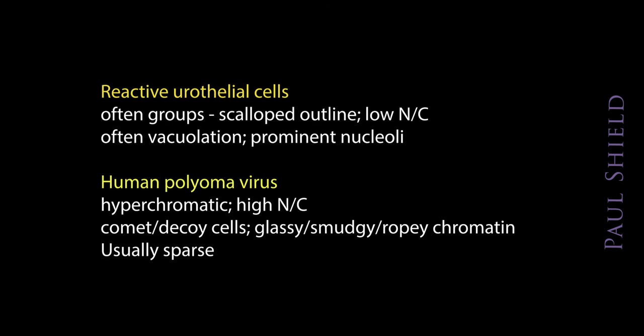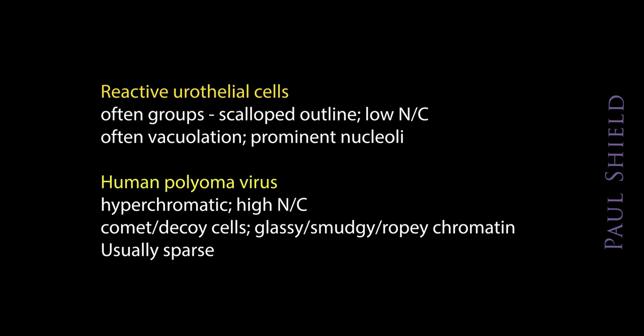In summary, reactive urothelial cells often present in groups rather than being single, which is the usual case in urines. They tend to show a fairly low NC ratio with often abundant vacuolated cytoplasm that creates a scalloped outline to the cell groups. Often nucleoli are very prominent. The other major differential with urothelial carcinoma is human polyoma virus, and this can produce very hyperchromatic, very high NC ratio cells.